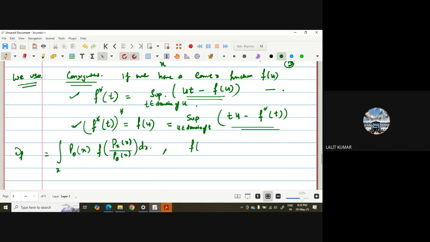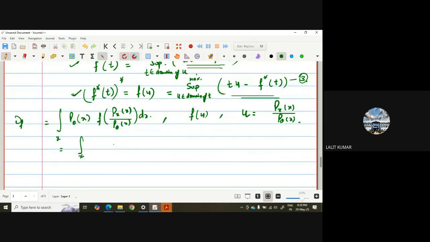Let's take u equal to p_X(x) over p theta of x. Then D_f is equal to the integral of p theta of x times the sup, also written as max, over u belonging to the t domain, of t times p_X(x) over p theta of x minus f star t. Here the function f converts to this second conjugate. Is this okay with everyone? This step?